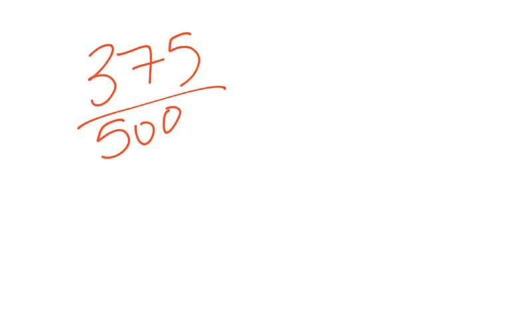But if I simplify my fraction, and that means change it so it's still equivalent, but in much simpler form, a much easier to understand form, then it would be a lot easier for me to say, oh, hey everybody, I have 3/4 of a dollar. Suddenly that makes way more sense.